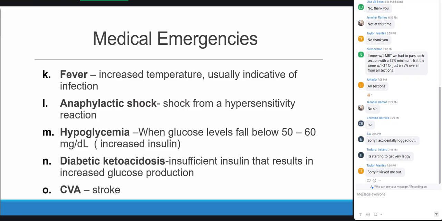So when the glucose level falls below 50 to 60 milligrams per deciliter, it means we have an excess amount or an increased amount of insulin in the body, but the blood sugar is low. Okay, so hypoglycemia. Diabetic ketoacidosis is when we have an insufficient insulin that results in increased or high blood sugar. Okay.